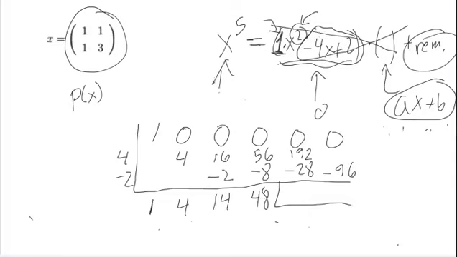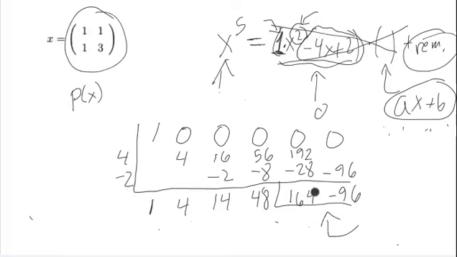Then we add right here and we end up getting 164. And then adding down here, we get -96. Okay, and great. Now all we're interested in is this remainder.